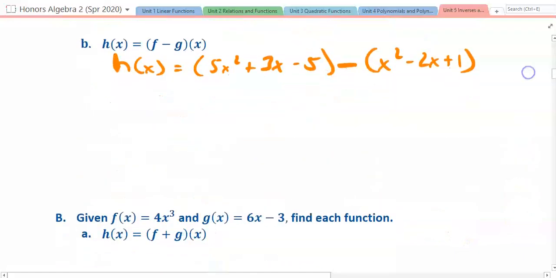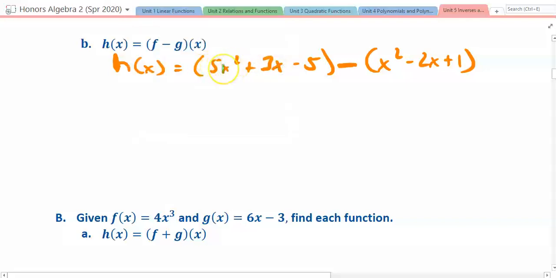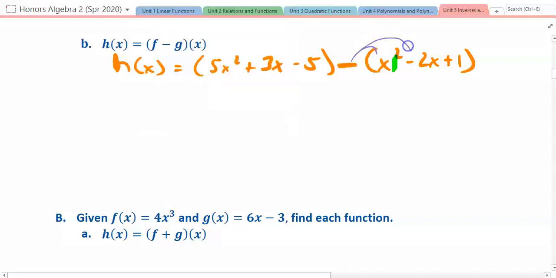Now, dealing with the subtraction here, remember we're going to combine our like terms. And now there's one of two ways we could do this. We could just say 5x squared minus x squared and get our answer. Or we can distribute this negative first.